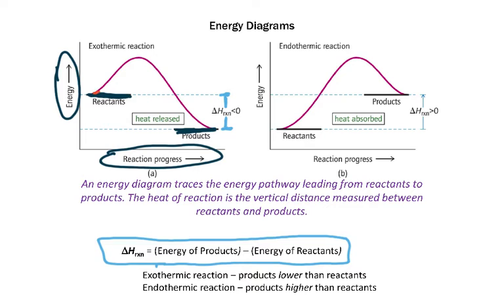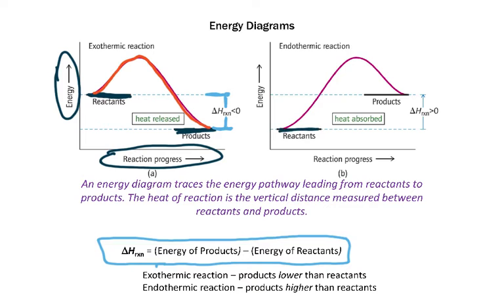The point of this little hill here that has to go up first will come in the next few sections. For now, we're just looking at the difference between the lines of reactants and products. So if energy goes down, we have products minus reactants negative, and it's exothermic.